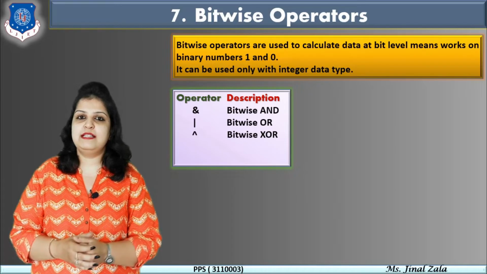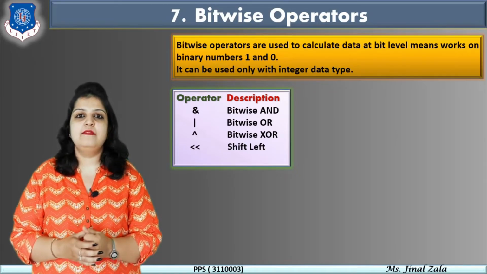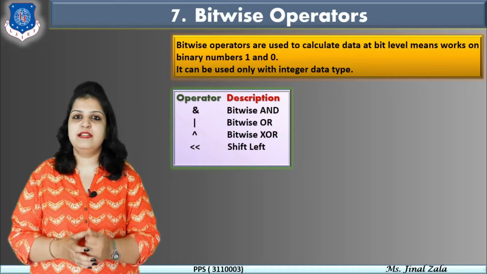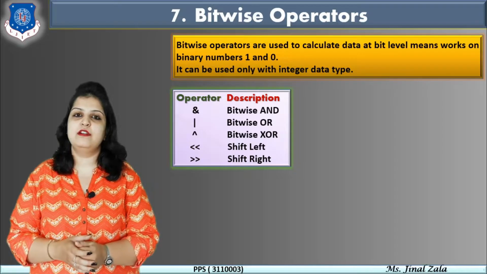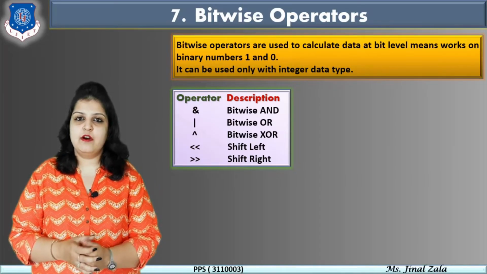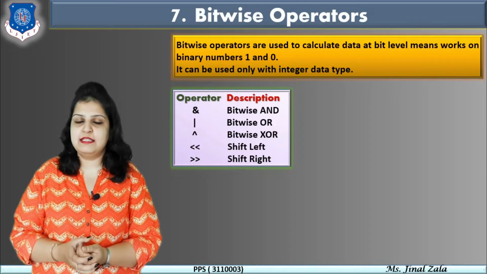Then bitwise XOR, for which you use the caret symbol. Then shift left, for which you use double less than. And in the same way shift right, with double greater than.